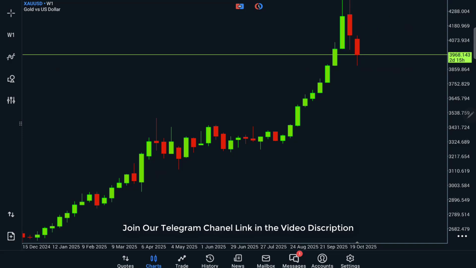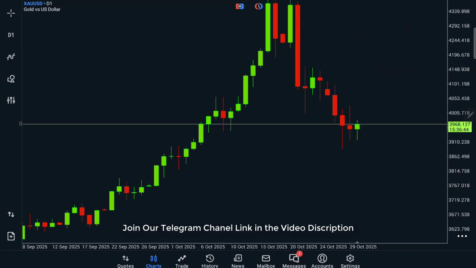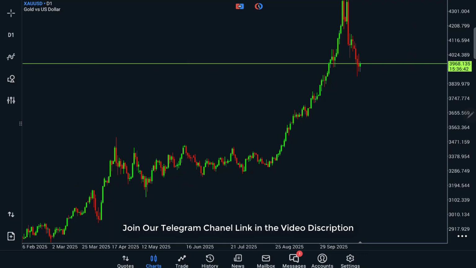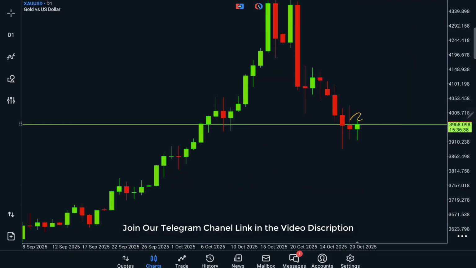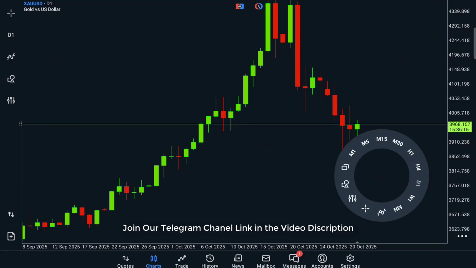If I go to the daily, yesterday there was bullish movement at the beginning of the day, and after the FOMC news the market just went down, started to move bearish, and today it's already unbullish. Maybe it will move bullish, otherwise bearish. So let's make an analysis of how it will act.